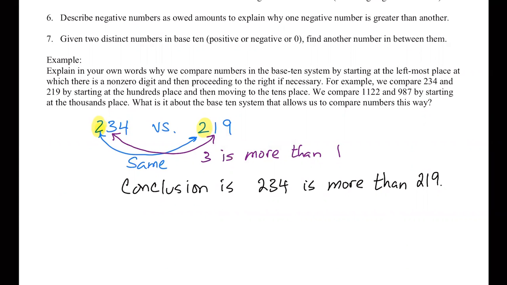And so the question is, okay, why do we start there? Why do we start at the 2 and work our way to the right? Why didn't we start on the right and work our way to the left?